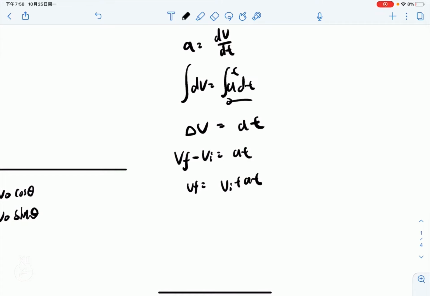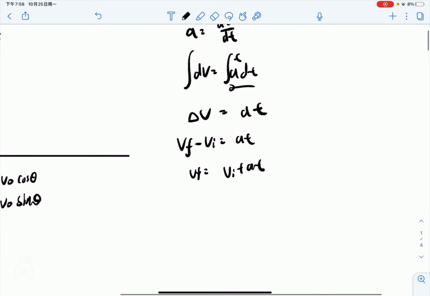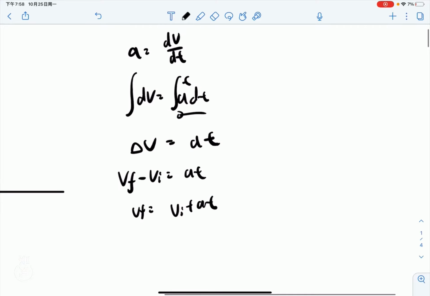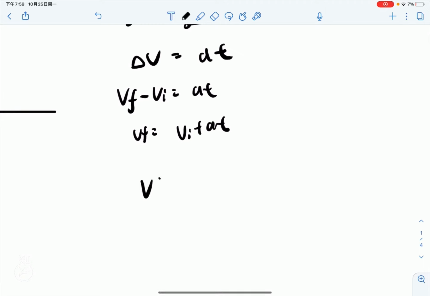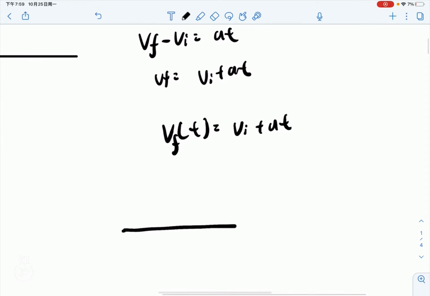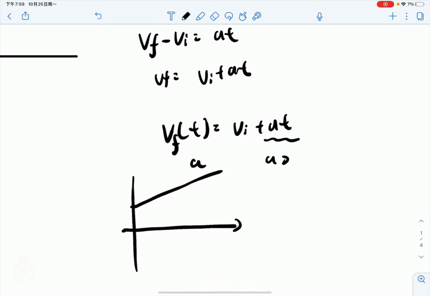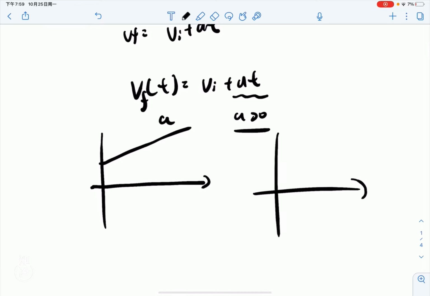And now we want to find out what the displacement is over time. We know that the final velocity is a function of vi plus at. So basically the graph of v versus t can be drawn like this, because the slope is constant, which is a slope of a. In this case we assume that a is positive, and if a is negative, it's the same case with negative slope.